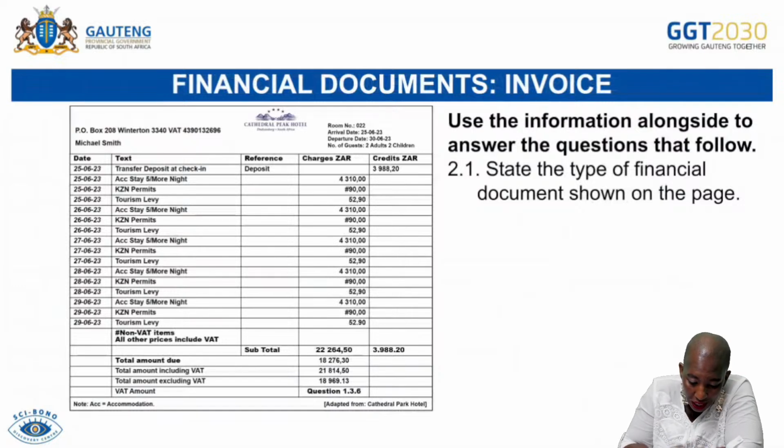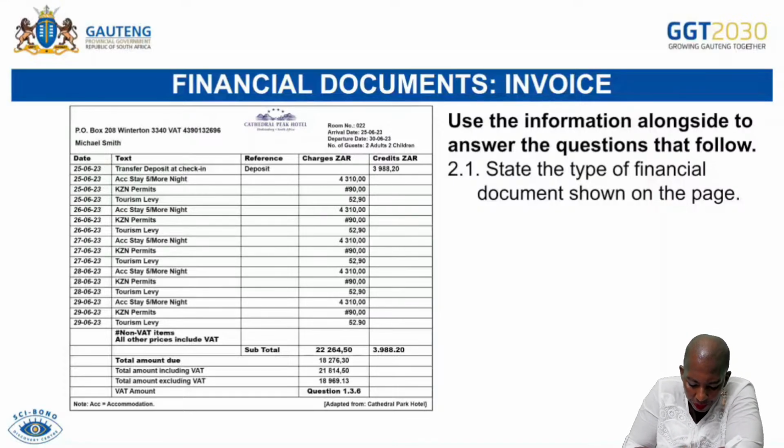Now, boys and girls, as you look at this financial document, it does state PO box, it is Cathedral Peak Hotel, and then there is the room number, the arrival date, the departure date, number of guests in that hotel or in that room. It's 2 adults and 2 children, and then who's the main person. It is Michael Smith, and then the address of Cathedral, PO Box 208 Winterton, and then the VAT amount, the VAT registration number, there it is shown.